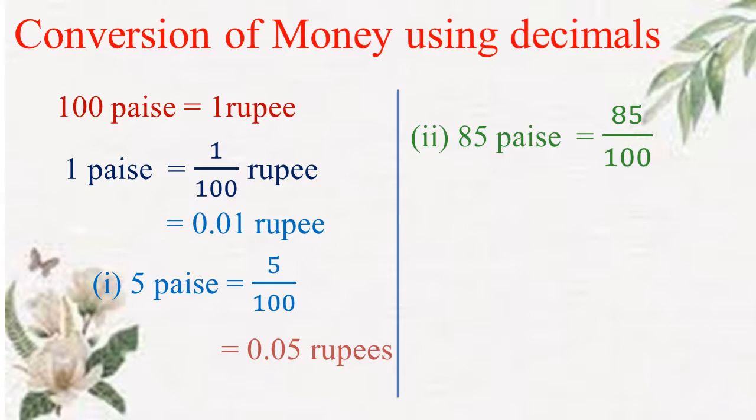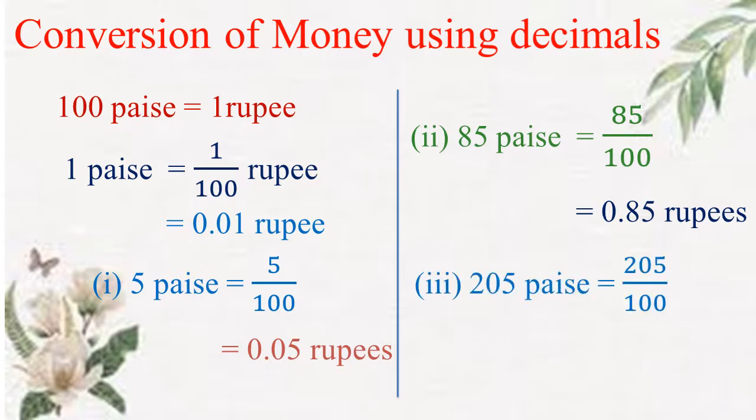In decimal form, 0.85 rupees. Third one, 205 paise. 205 paise can be written as 205 divided by 100. In decimal form, 2.05 rupees.